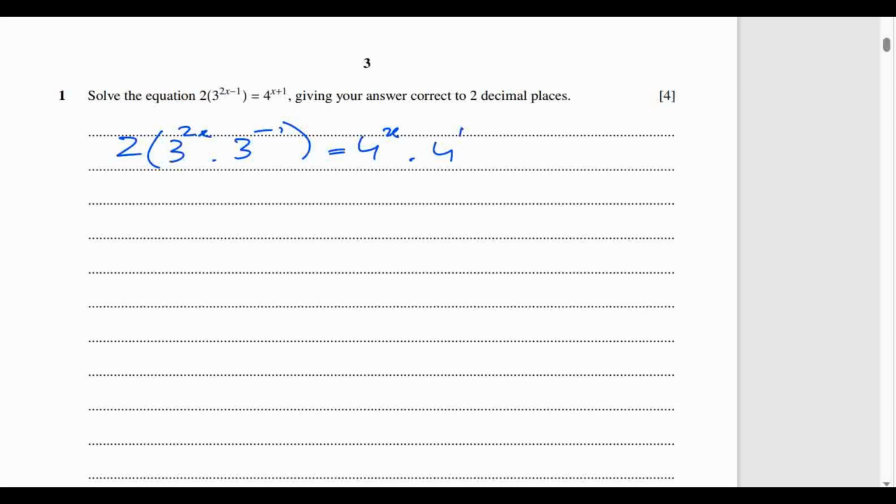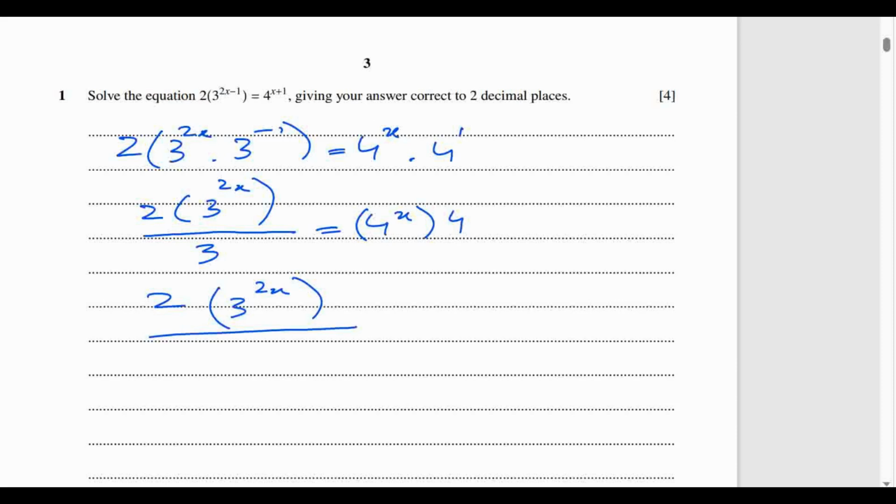Then we can rearrange it like this: 3 power 2x divided by 3 is equal to 4 power x into 4. Now we can cross multiply it, so this will be 4 into 4 power x into 3.